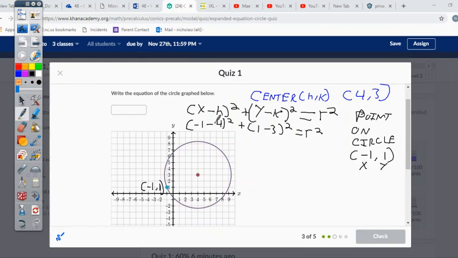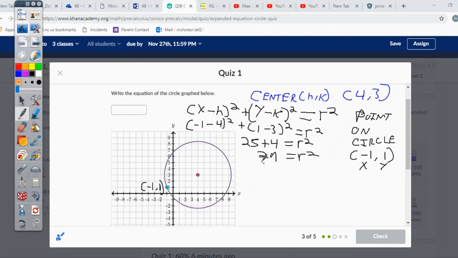-1 minus 4 is -5. -5 squared is 25. So we'll have 25 plus 1 minus 3 is -2. -2 squared is 4, is equal to r squared. So 29 is equal to r squared.